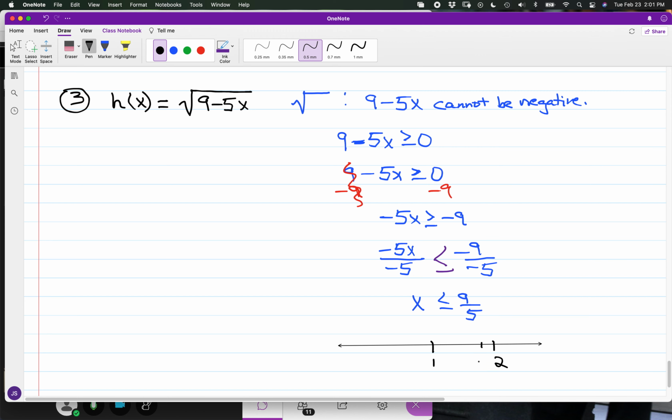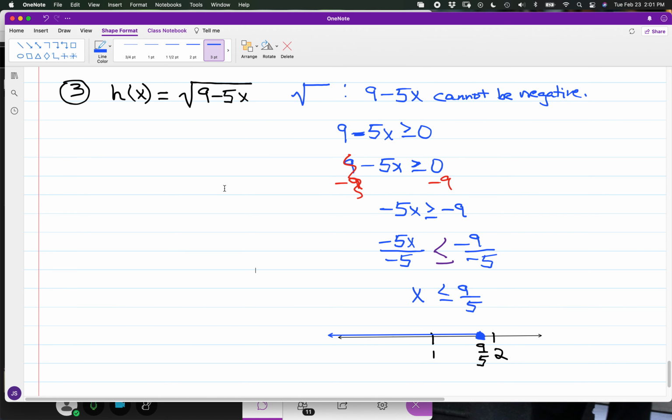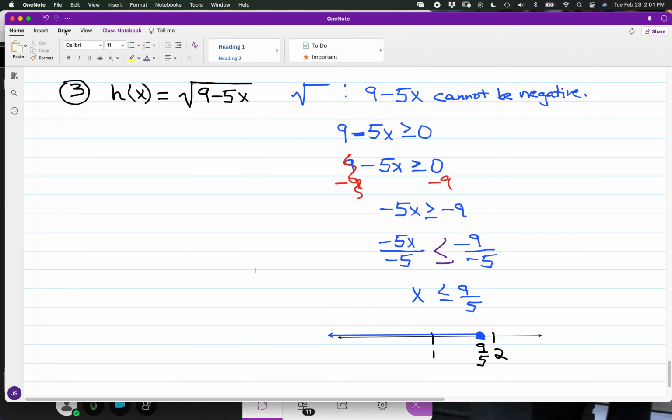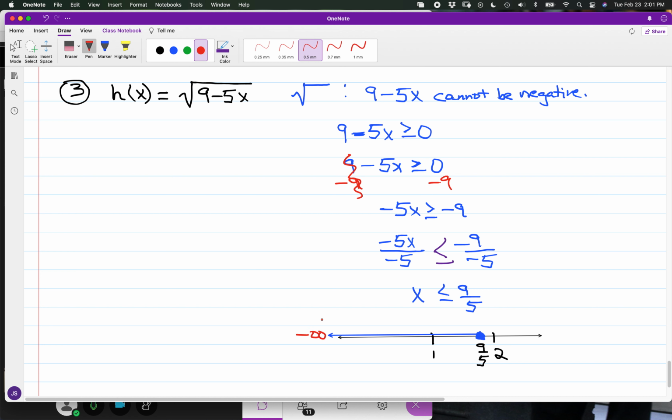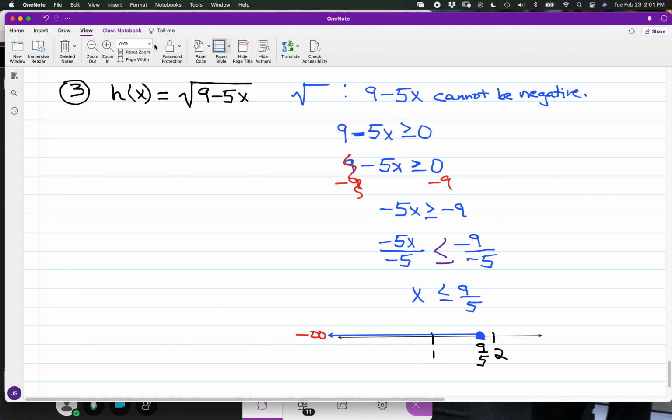So you have 9/5. Again, that's a fraction that is very close to 2. For the graph, you have less than or equal to 9/5, so 9/5 is part of the solution. And we have a ray going continuously out to the left, reaching out to negative infinity.